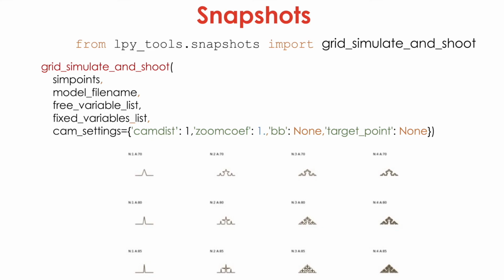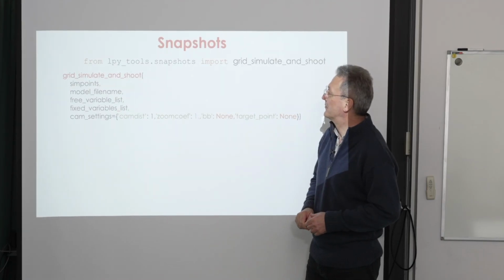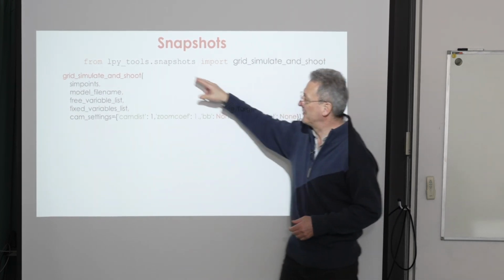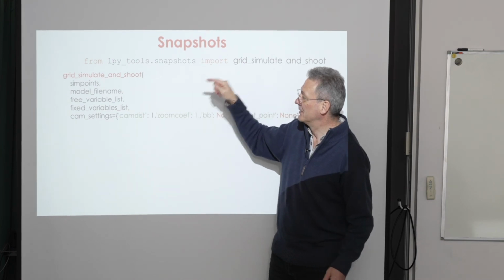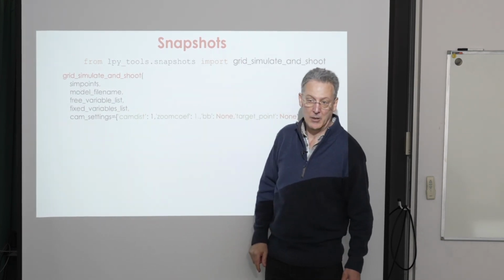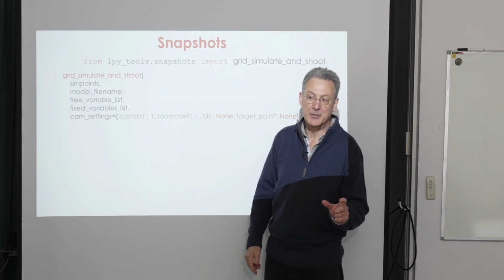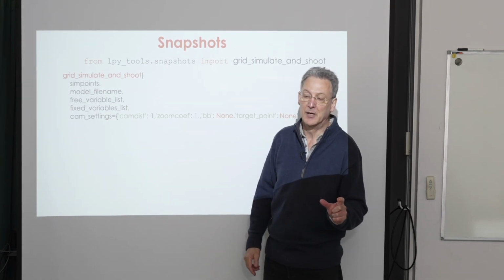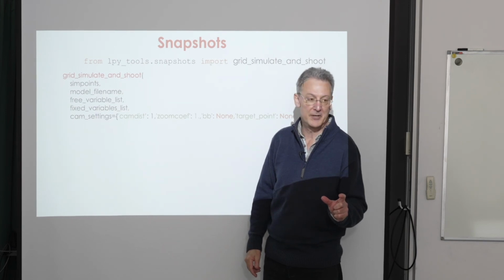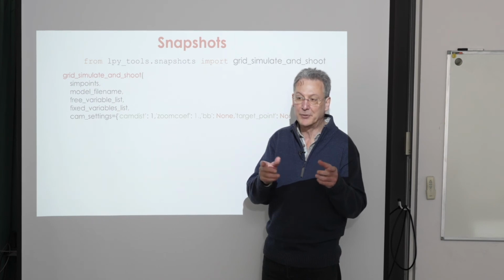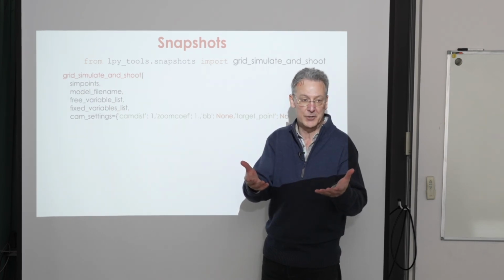And the snapshot library comes like this. From LPI2 snapshot, you import this function, and then you need to give it, not an array in 2 dimensions, but a set of couples of points corresponding to the variation of your variable, the couples of points for which you want to see your simulation.